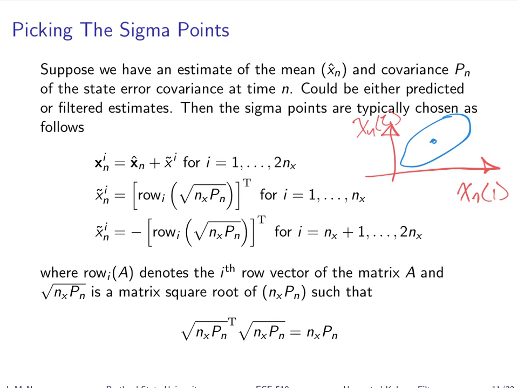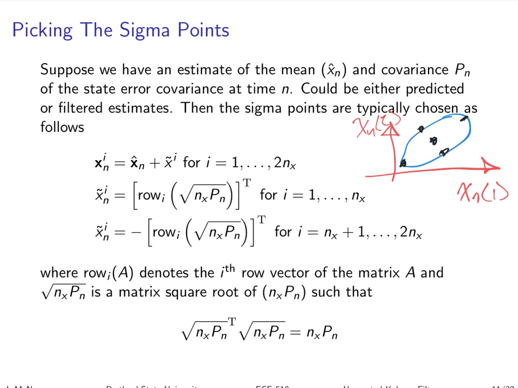Then basically your sigma points would be a set of points. I don't think that it would be along the major and minor axes of the ellipse, but it might look something conceptually like this, where you would end up with a set of 4 points where the sample average of those 4 points would be the same as where the mean is of your state.